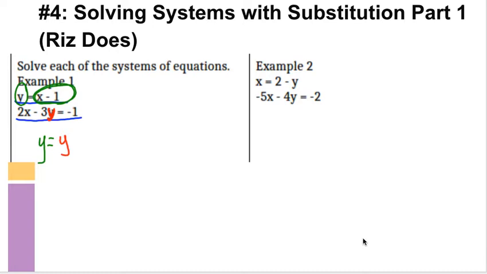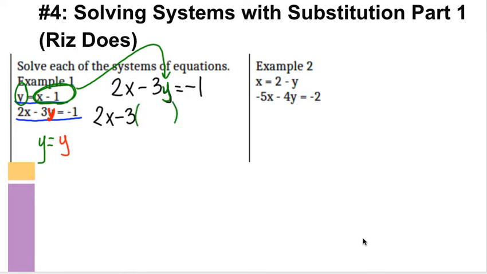So all I'm going to do is write the second equation. 2x minus 3y equals negative 1. But now, instead of y, I'm going to be writing x minus 1 in for this y. So I'm going to write 2x minus 3, and then in parentheses, right, because 3y, that means 3 multiplied by y, so I'm going to put parentheses.